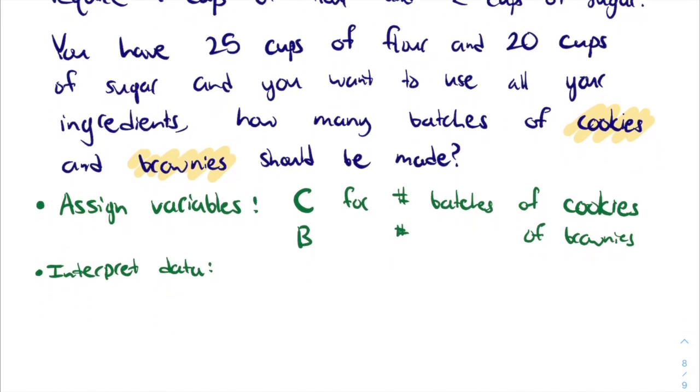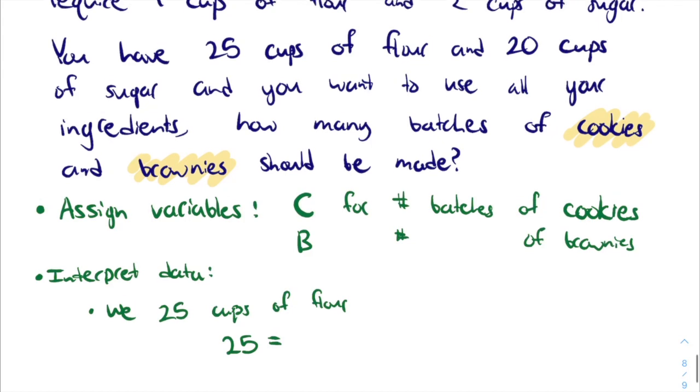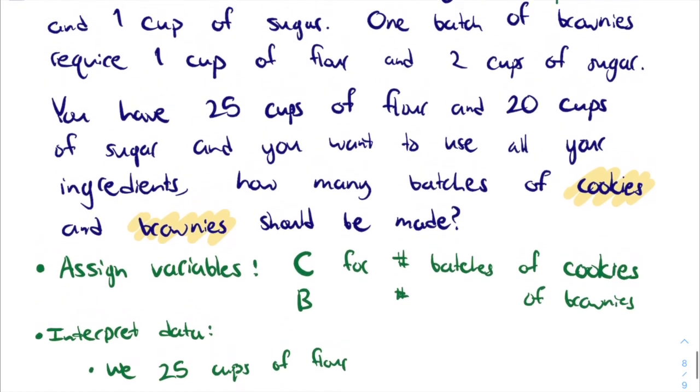Well, we know then we have 25 cups of flour. And so we might ask, if we want to use up all the flour, how can we do that? 25 cups should equal however many cups of flour each batch of cookies required.